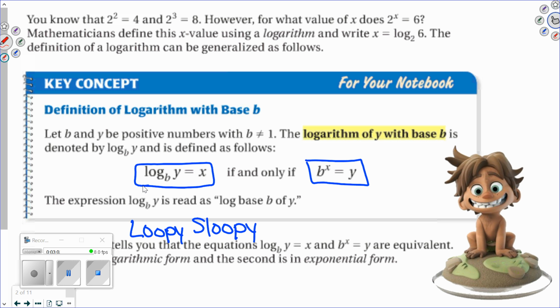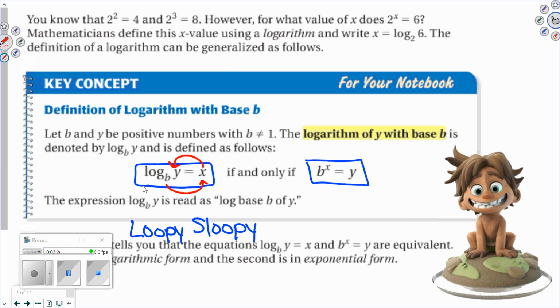So you start with the base number, you take it around to the x, and then you swoop it back over to the number next to it. Loopy swoopy. Hang with me, I know this is very different from anything you've ever seen. So over here, it's b to the x power equals y.